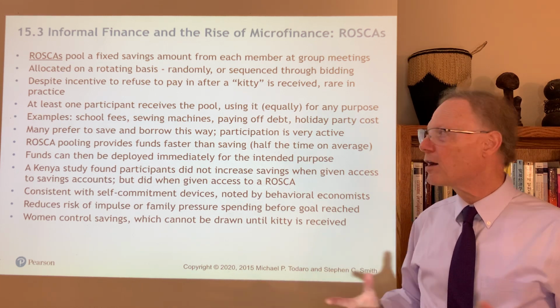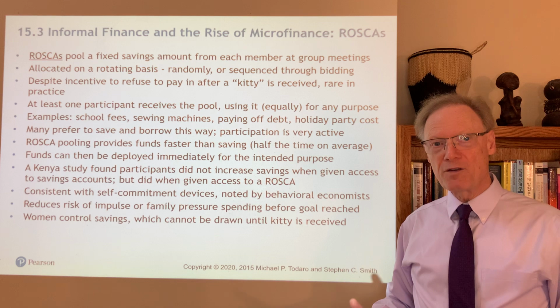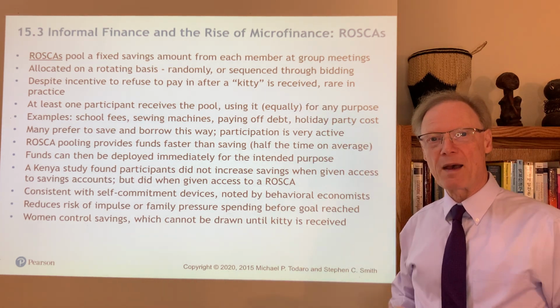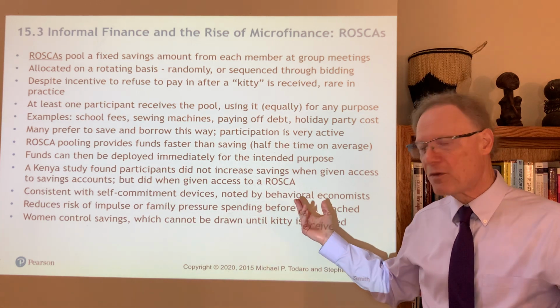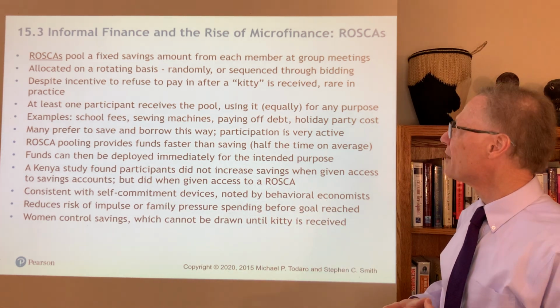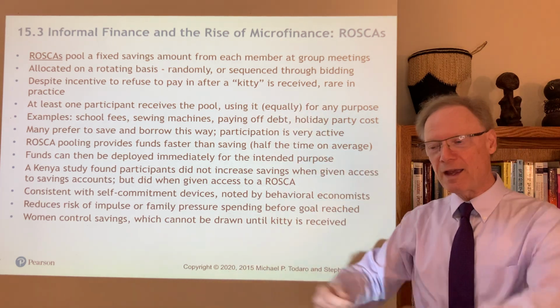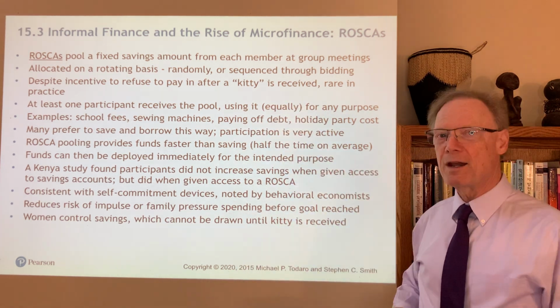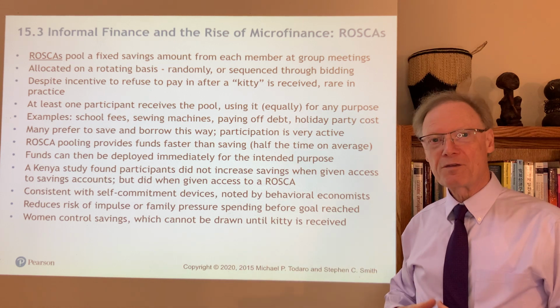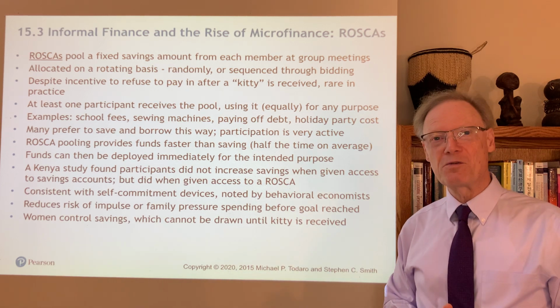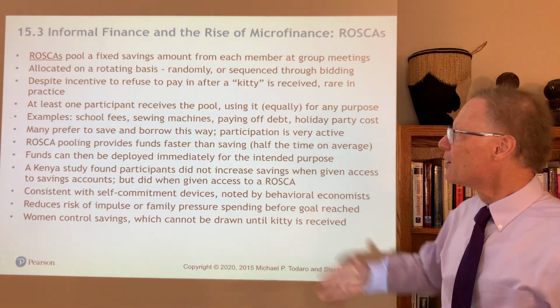It might be for a year, and they meet, for example, weekly, in which everyone pools in a fixed amount of savings. It might be $3 a week or something of this nature. So each member adds this to the kitty, and then it's allocated to the members on a rotating basis. So if there's 50 weeks, one might draw straws to see who gets it in sequence.